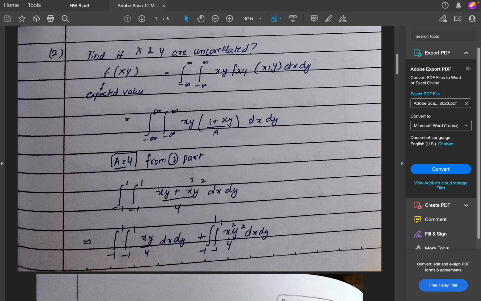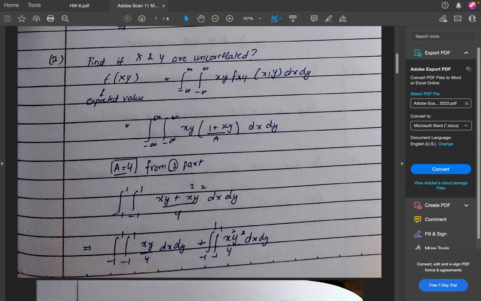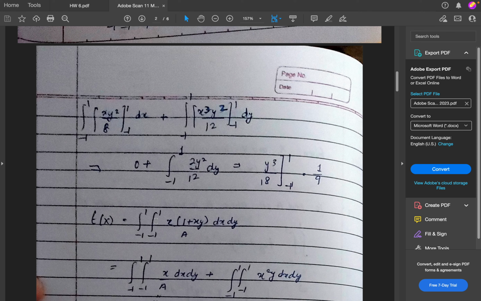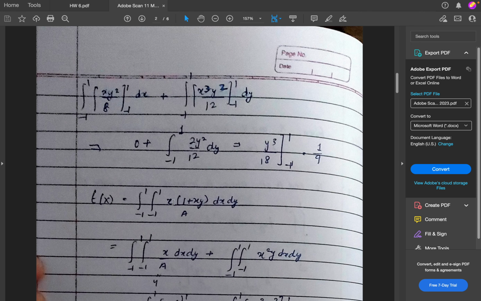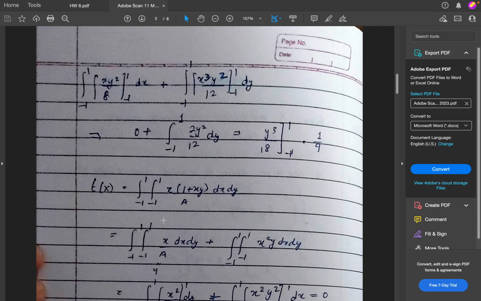Now to find the other part, which is the expected value of x, so that we can check if expected value of x times expected value of y is equal to expected value of xy. For that we need to find the expected value of x. We can find that by taking x f(x,y) dx dy, and x and y will range from -1 to 1.